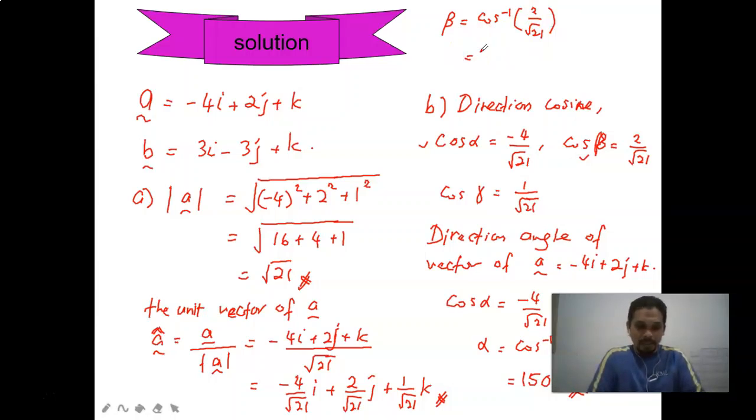Press the button of shift and cos, it gives you arc cos. Then set up the formula inside, which is 2 divided by square root of 21, as you see on the screen now. Press the button equal. What you see on the screen now? It gives us 64.1.